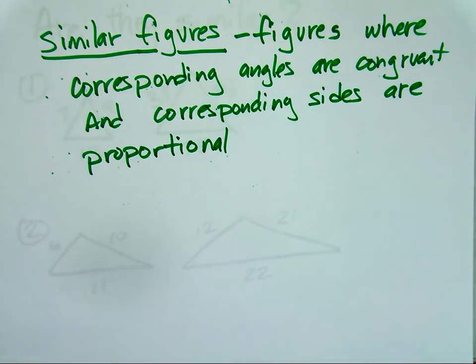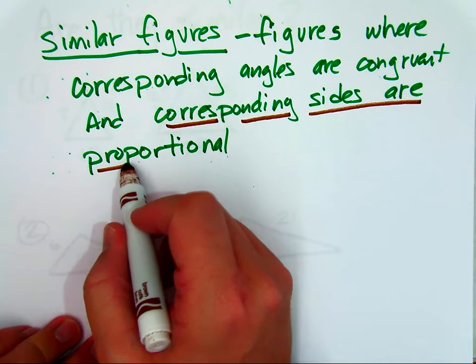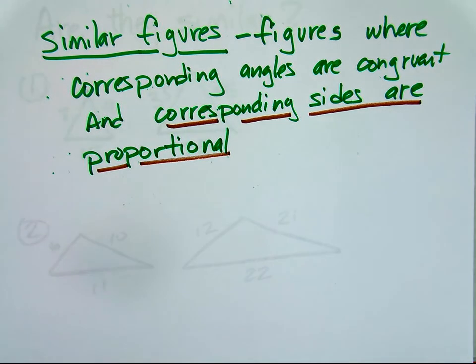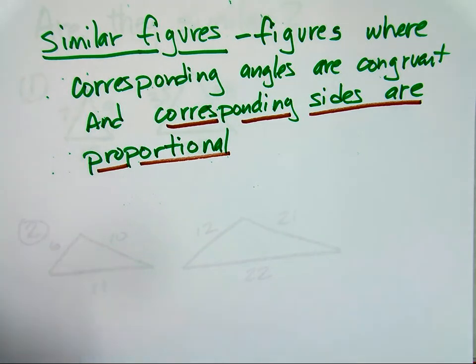For our purposes today, we are going to focus on this aspect of similar figures, the corresponding sides being proportional. Let's begin by looking at an example of where that would be true.